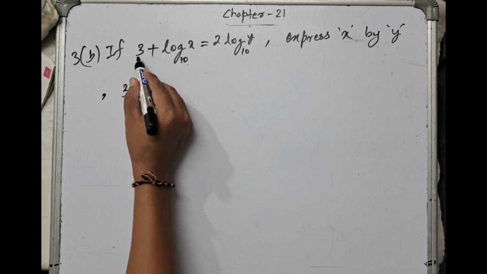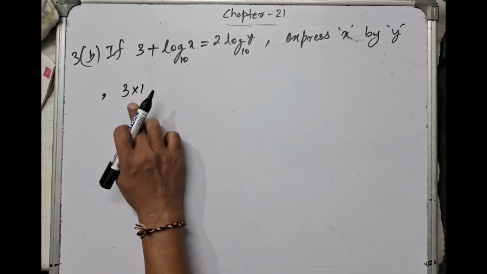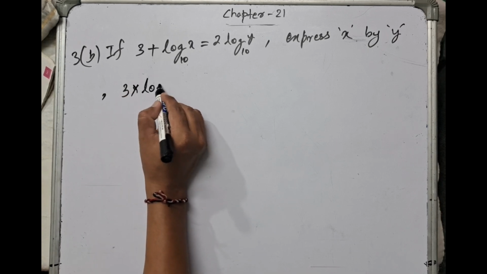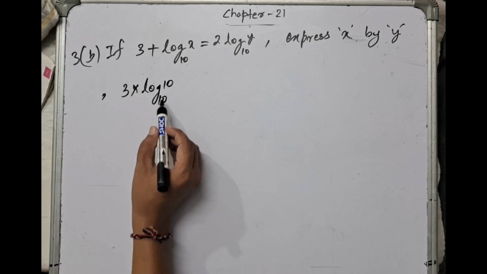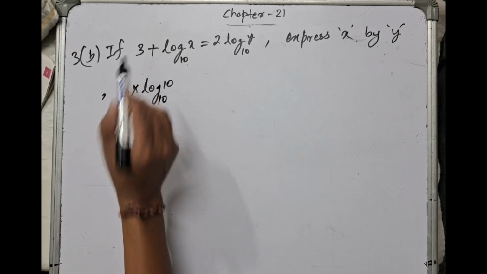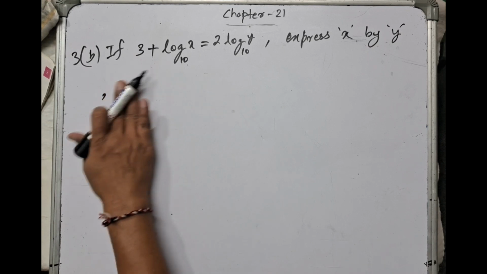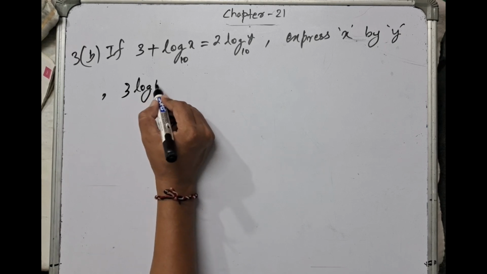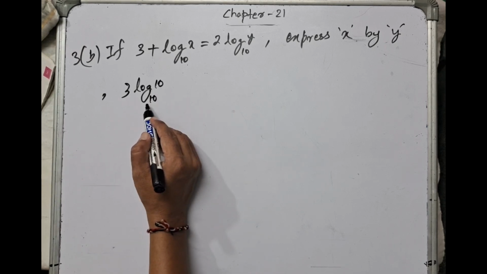Instead of 1, I can write log 10 to the base 10, which is 1. So 3 into 1 is 3.